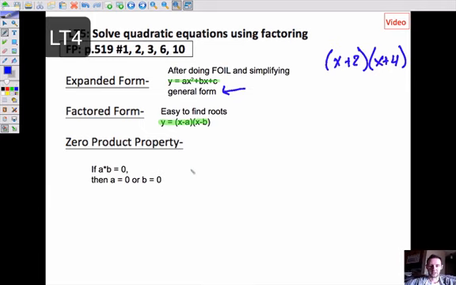So a equals 0 and b equals something else, or b equals 0 and a equals something else. That's basically what the zero product property says, and we will use that to find the roots. It'll be more obvious what this actually means and how you use it in just a minute.